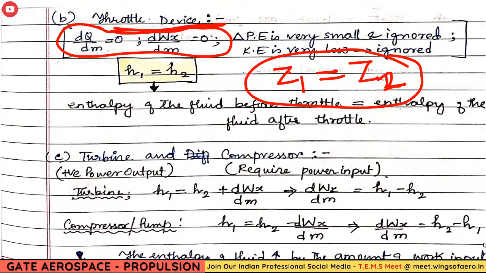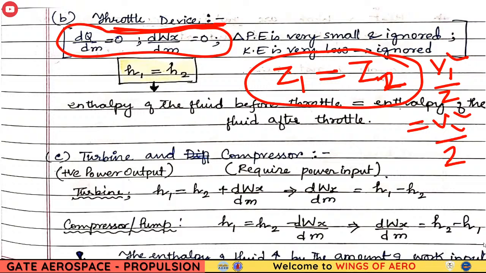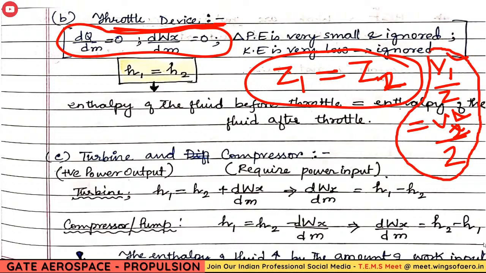And one more important point here, the kinetic energy is very low. That means V1 square by 2 equals V2 square by 2. This will also be negligible. Here, this 2 will also be negligible.